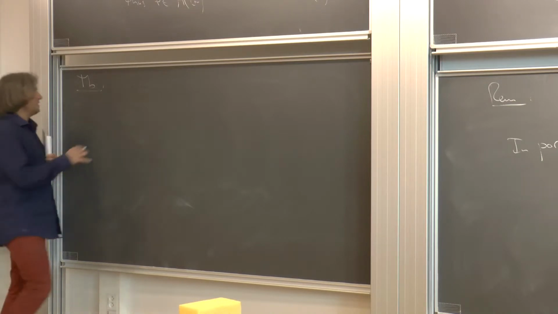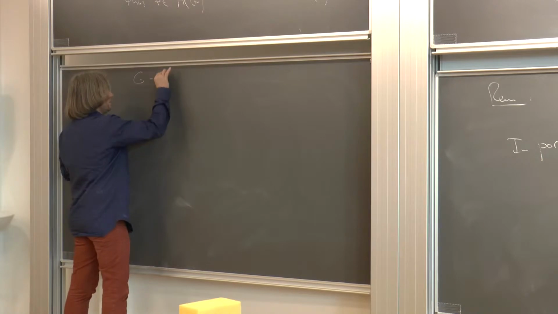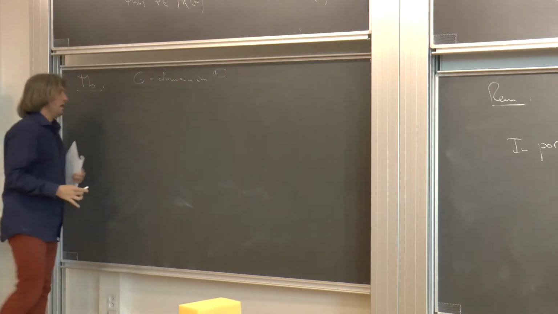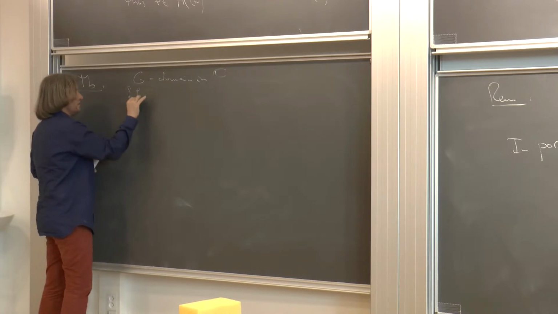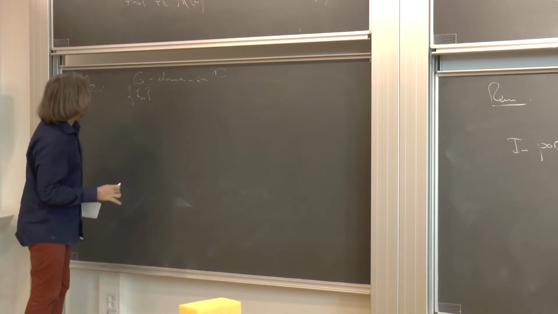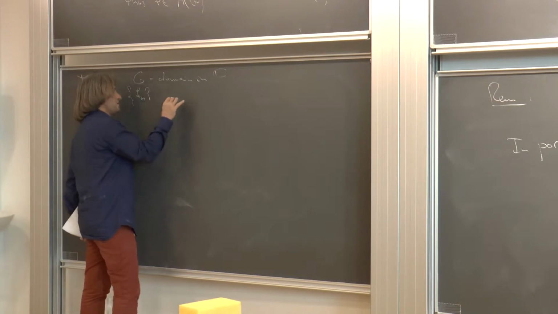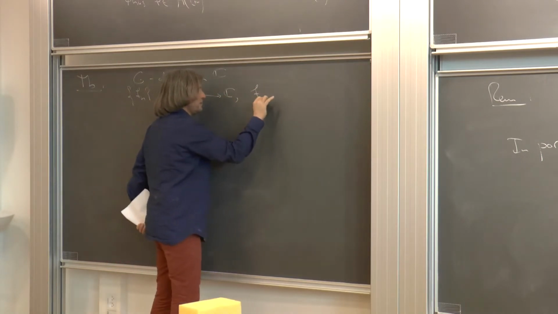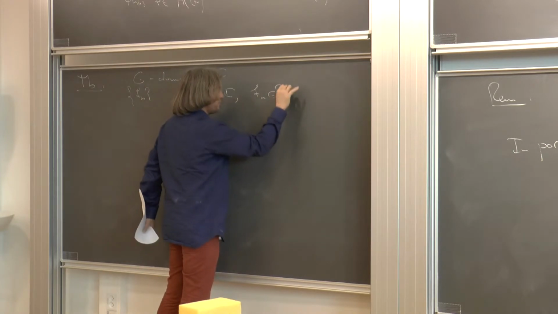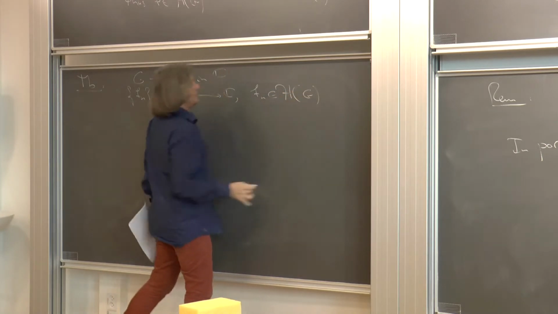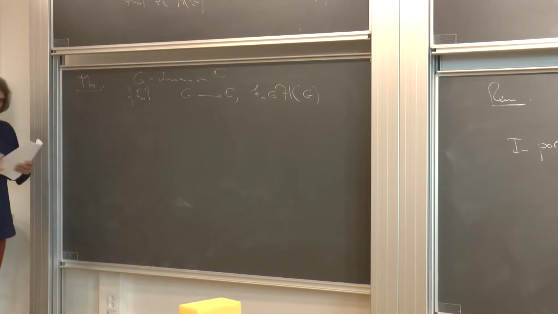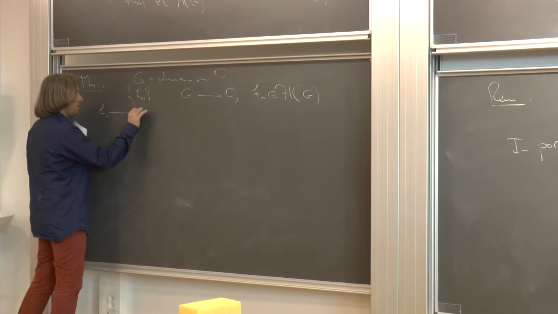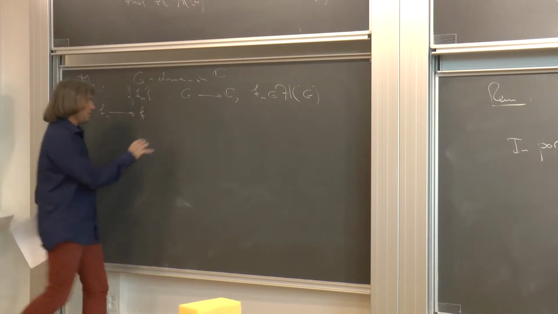But now finally G is a domain in C, and we have a sequence Fn, a sequence of functions G to C. Each of them is holomorphic. And the sequence Fn converges to F locally uniformly on G.